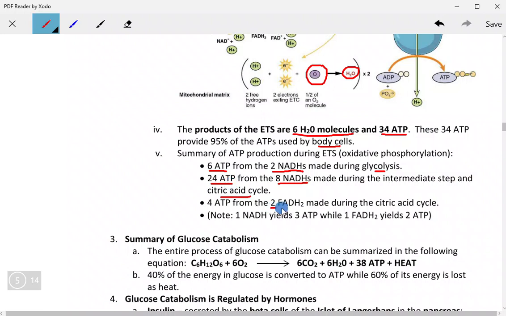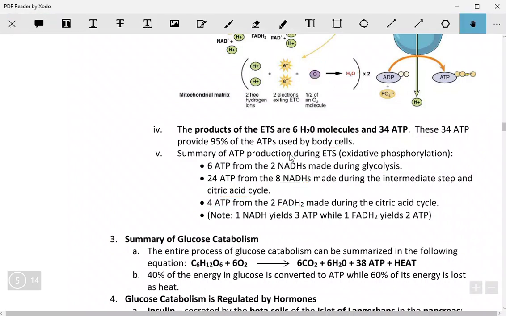And then we had 2 FADH2 molecules coming out of the citric acid cycle that gives us 4 ATP molecules. So in total, all of your coenzymes that helped us in carrying hydrogen electrons helped us to generate 34 ATP molecules in the ETS. Are you following?